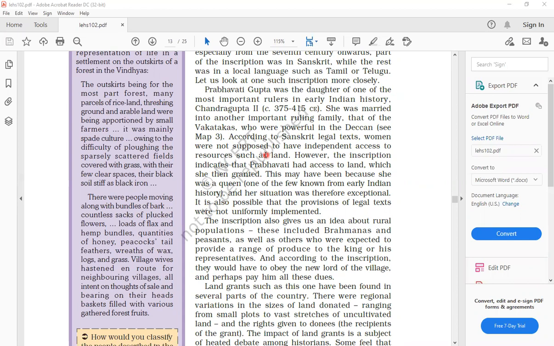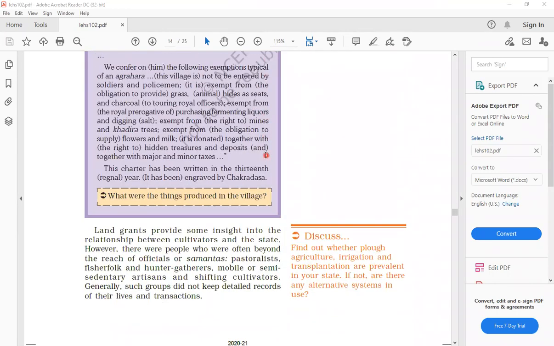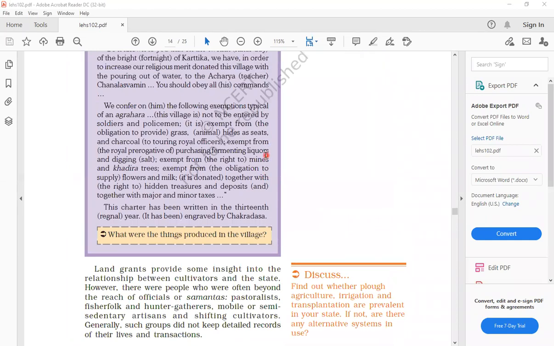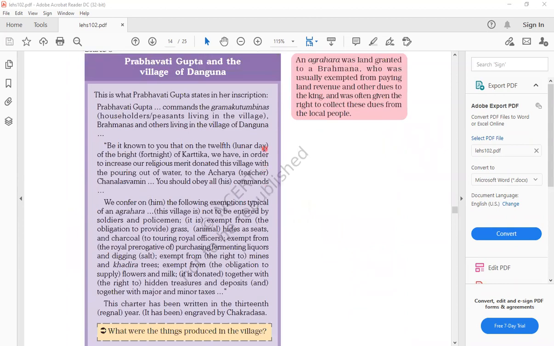Now we have the inscriptions. What were the land grant inscriptions? There were some inscriptions given to donees that give us an idea about the rural population. These land grants provide information on the relationship between the cultivator and the state.